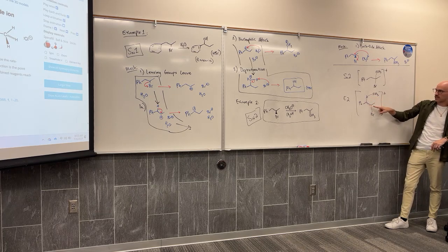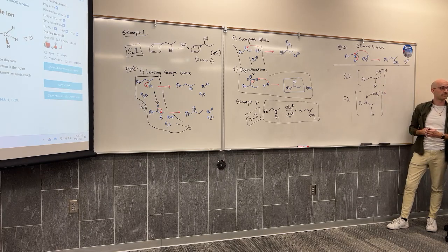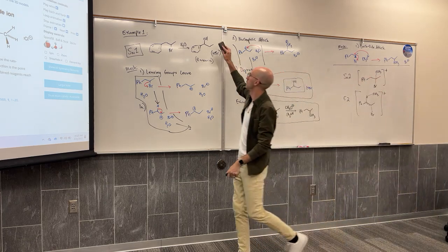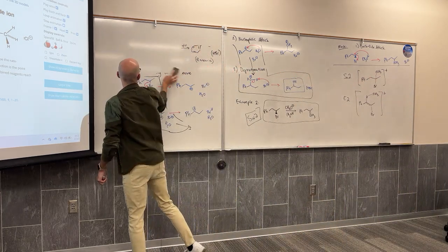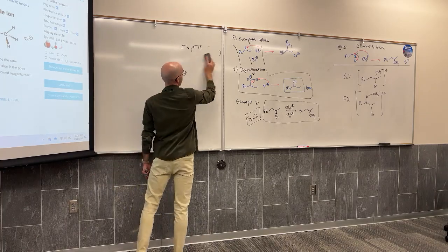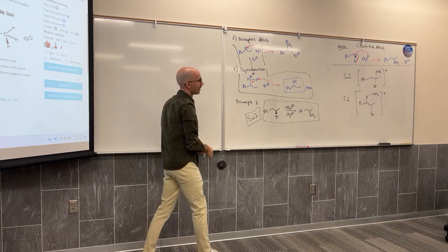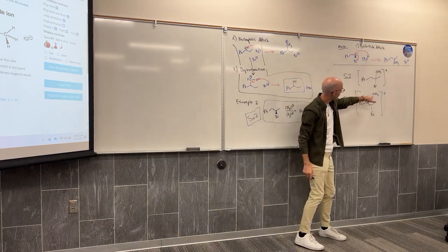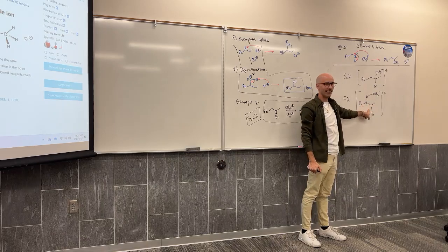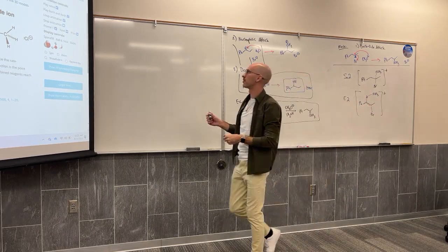There's a lot more steps going on here in E2 compared to SN2. Would you agree? And this lies the issue with substitution and elimination. The same reagent can give a substitution product or an elimination product at certain carbon substitutions.